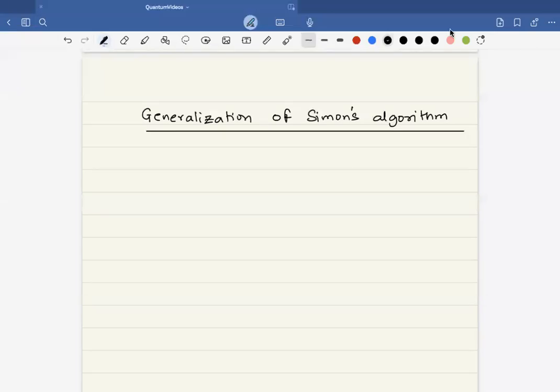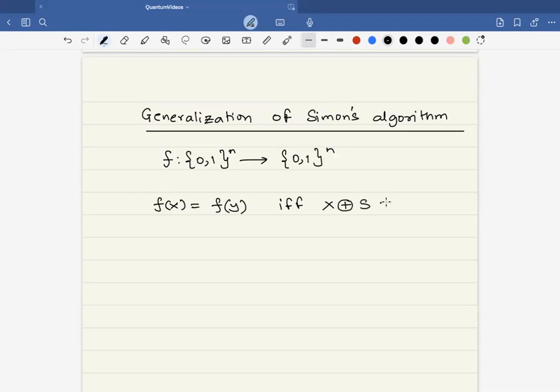Hi, in this video, we're going to talk about generalization of the Simon's algorithm. Recall that in the Simon's algorithm, we have a function f going from {0,1}^n to {0,1}^n, and we are given the promise that f(x) is equal to f(y) if and only if there exists a secret period S such that x XOR S is equal to y.